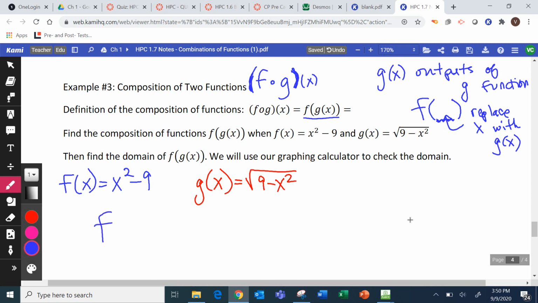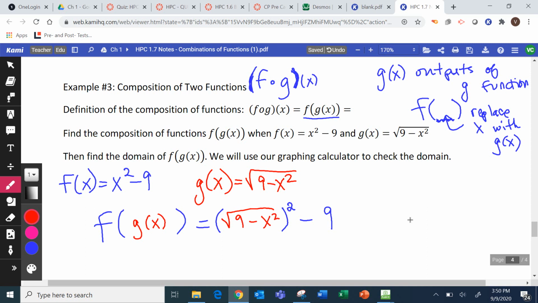We're going to have the f function, but wherever there's an x, I'm going to replace it with the g function. So what's that look like? My f function is x squared minus 9. So x is something that's getting replaced, squared minus 9. So there's my f function, only instead of x, I'm going to put my g function in. Square root of 9 minus x squared.